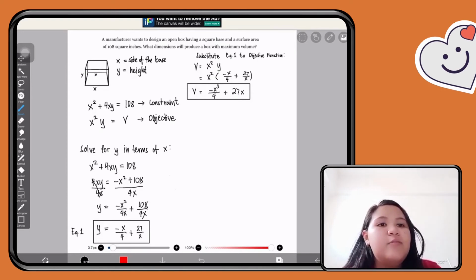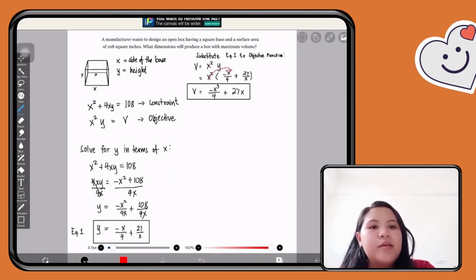So we have to distribute the x squared. Inside the parenthesis, we have negative x cubed over 4 plus 27x, since we cancel the other x from the denominator.